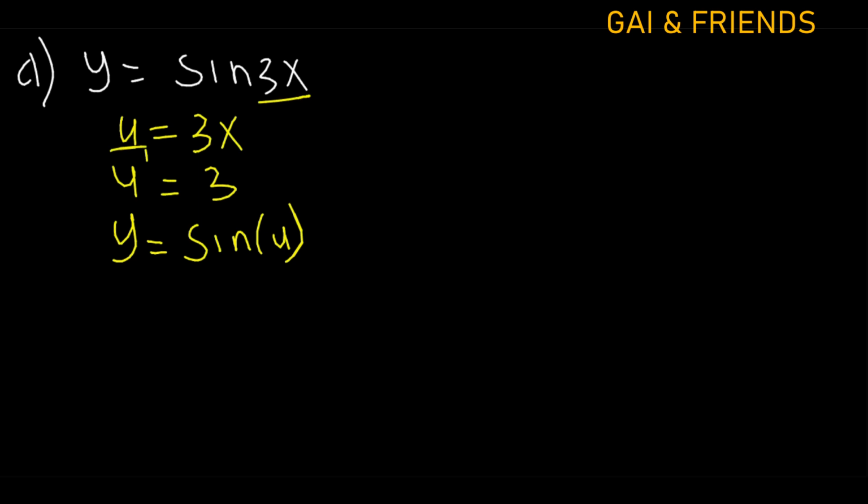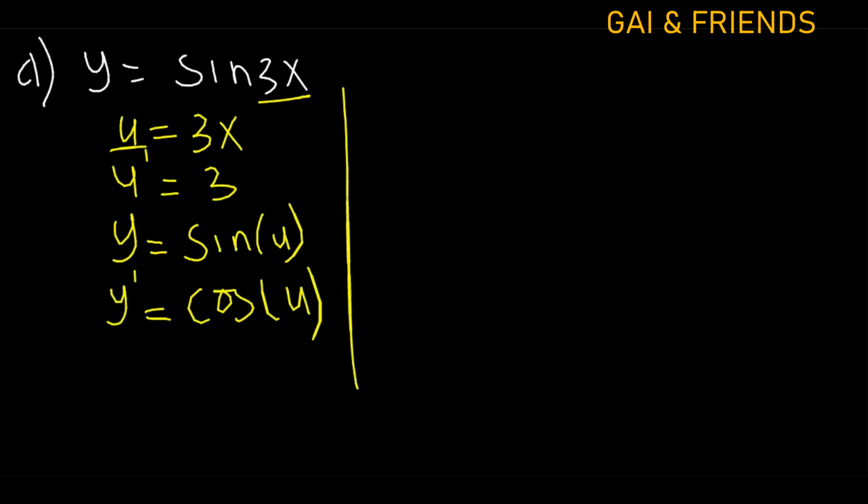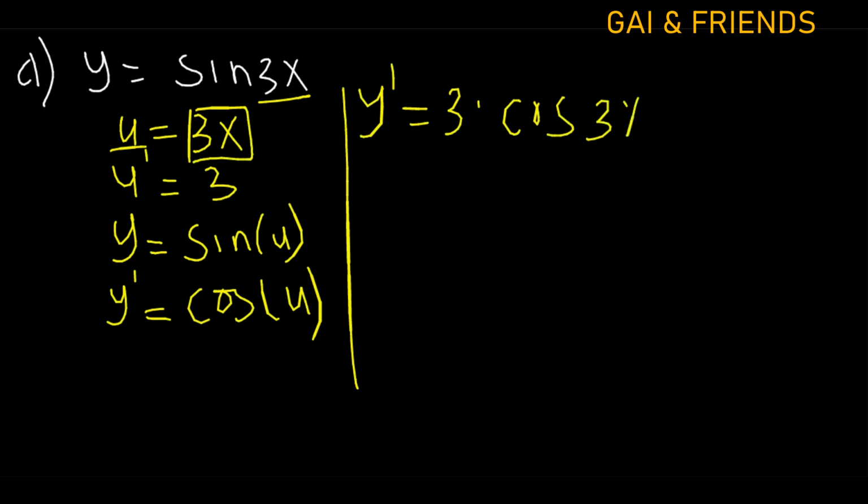Now, from the identities that we just did, the derivative of sine u will be cos u. And you can assemble everything there. It's going to be y prime is 3 times cos, and you can put back the value of u here, which is 3x. Your final answer is y prime is 3 cos 3x.